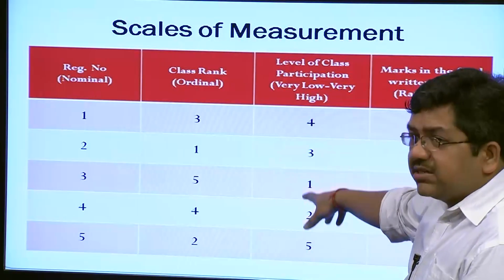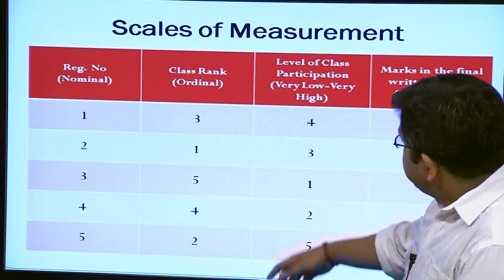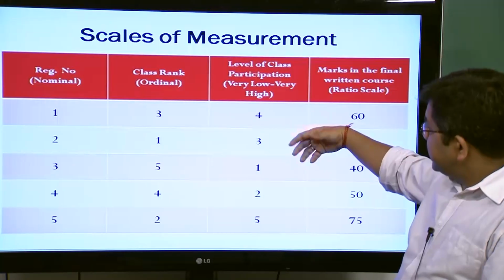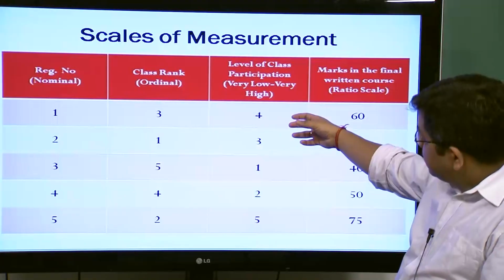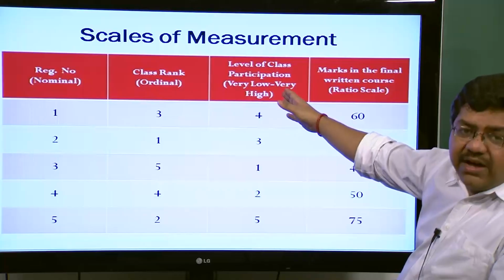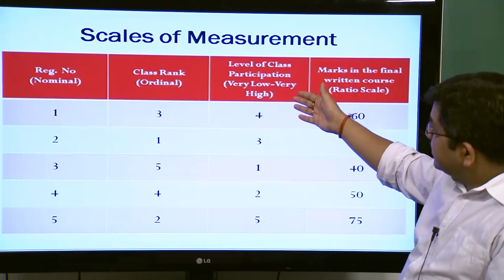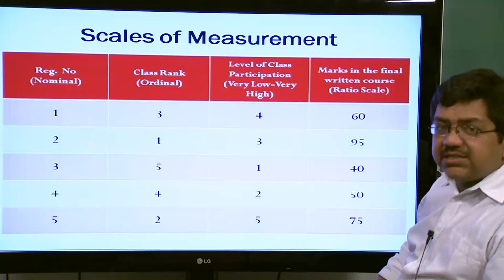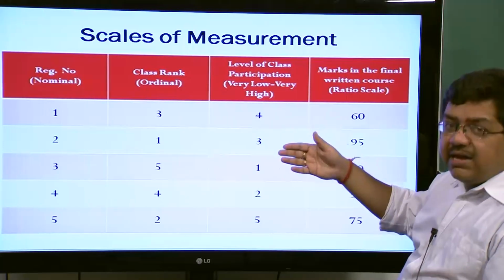However, in a class discussion, this is one of the important components of the evaluation, where the instructor assesses the level of participation of a particular student on a scale of 1 to 5, that is an interval scale. You will see that this level of class participation has 5 different categories, starting from very low to average, high and very high.